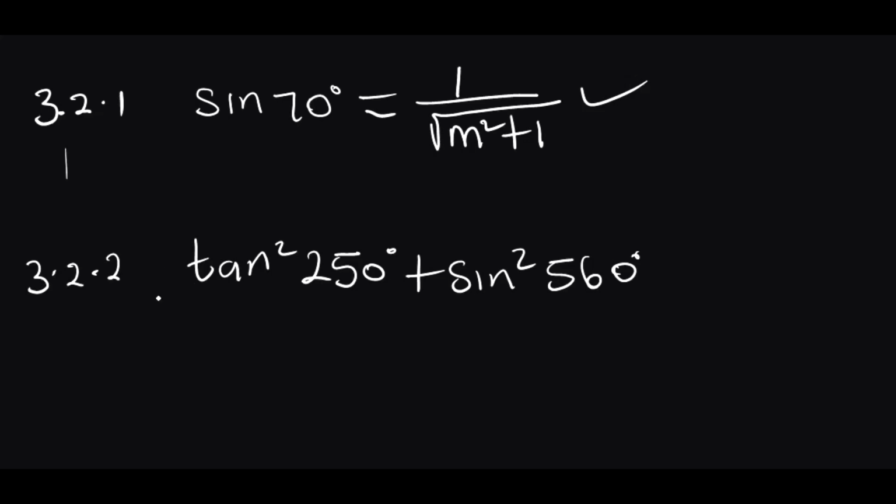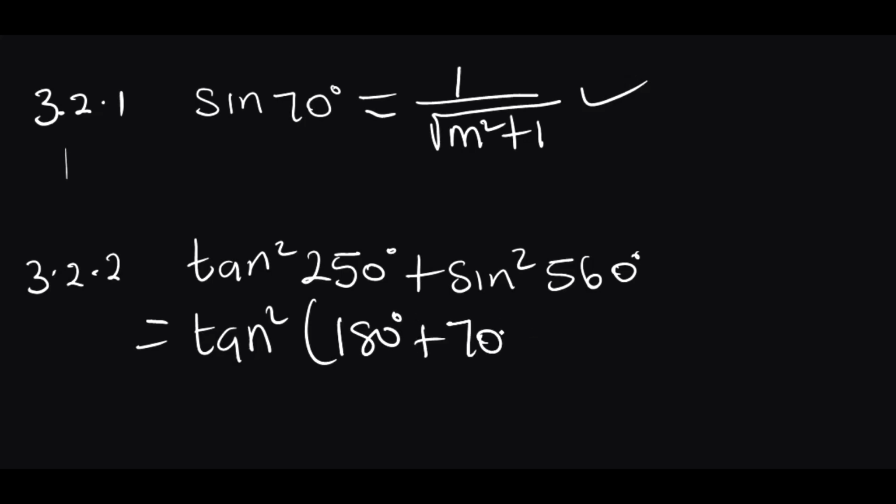We need to apply the reduction rules here. For tan squared, we can write 250 as 180 degrees plus 70 degrees.